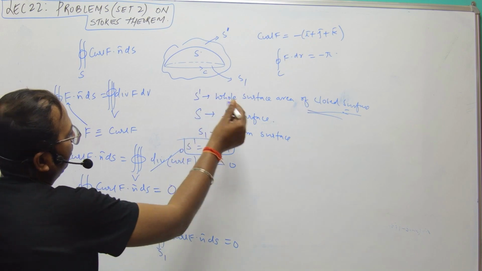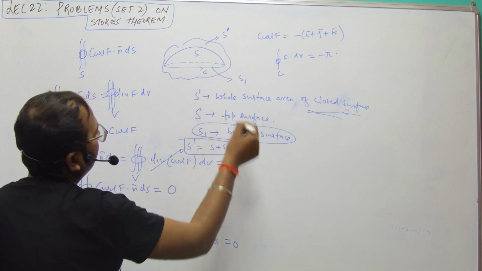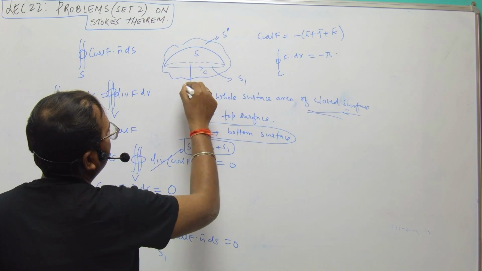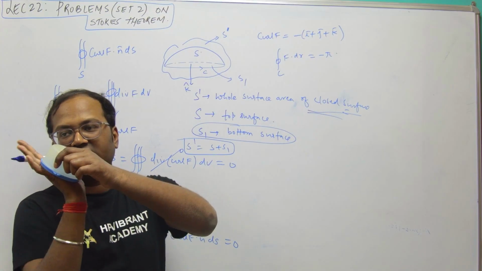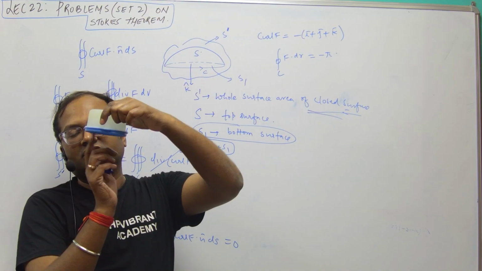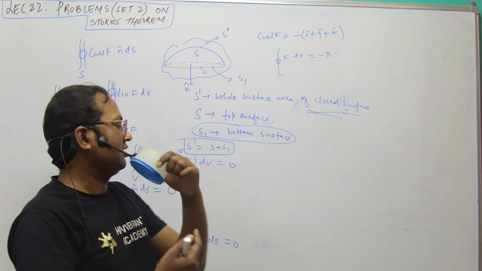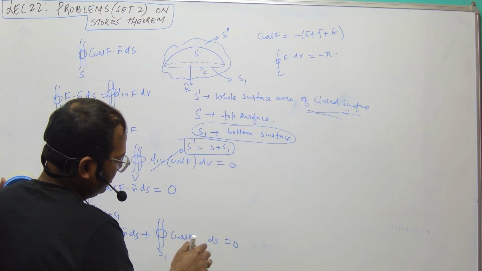On the bottommost surface, the unit vector along the outward normal is minus k cap, in the downward direction. This is a planar surface, so the unit vector perpendicular to it is along the downward direction, that is minus k cap. Let us place n cap as minus k cap.